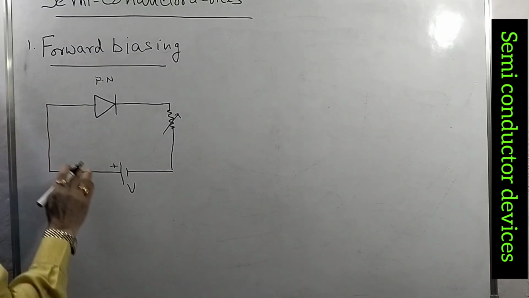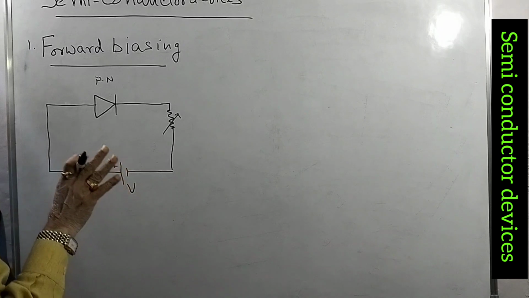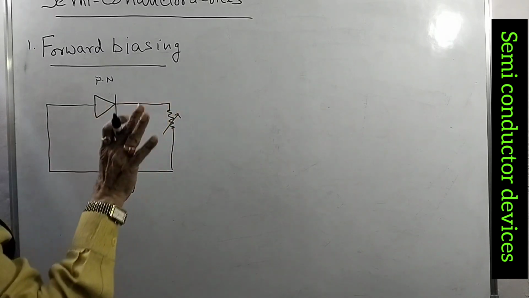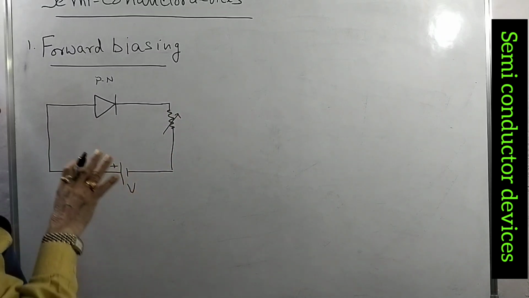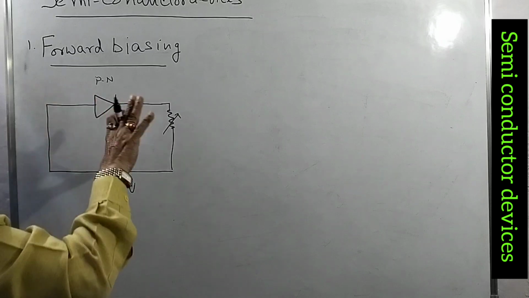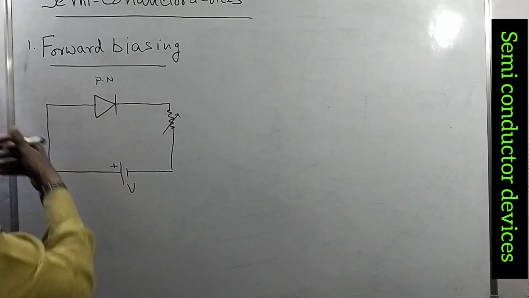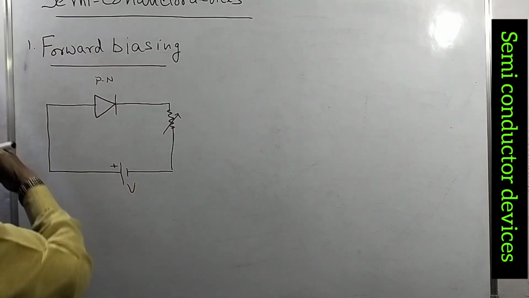So we see that when the P end is positive, holes are getting a forward push, moving towards the N-type material. Holes moving means electrons coming in the other direction. Electrons are filling the vacancy and moving.